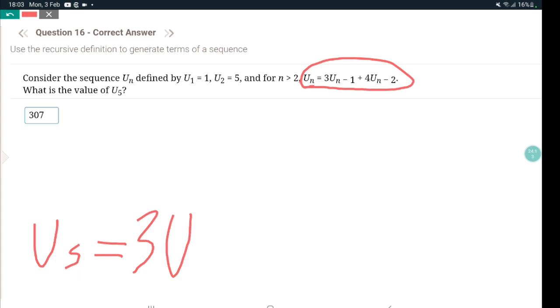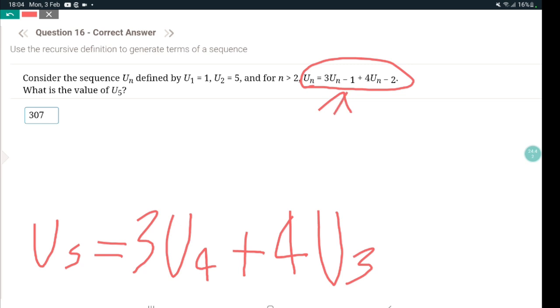So u5 is equal to 3 u4 plus 4 u3. But first thing you will notice is we need to find u4 and u3, so we use the same rule, but instead of the n we put 4, and instead of the n we put 3.